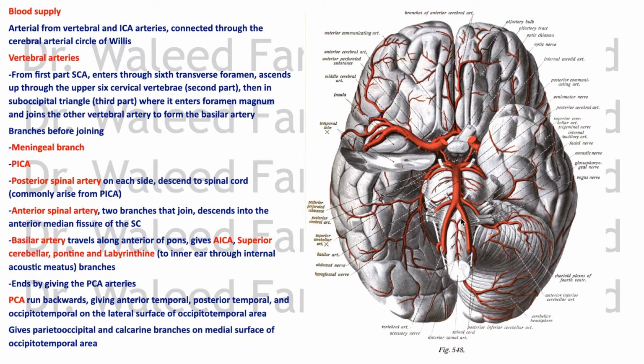And then at the lower border of the pons, it meets the other vertebral and they unite to form the basilar artery. Now, coming out from the vertebral before the union, or more commonly from the basilar, is the anterior inferior cerebellar artery, which supplies the inferior surface of the cerebellum, the anterior aspect.